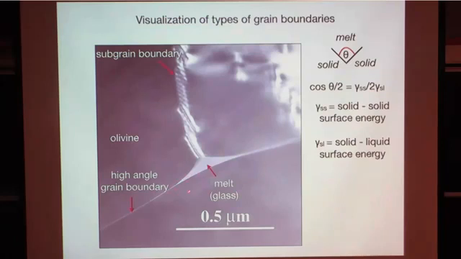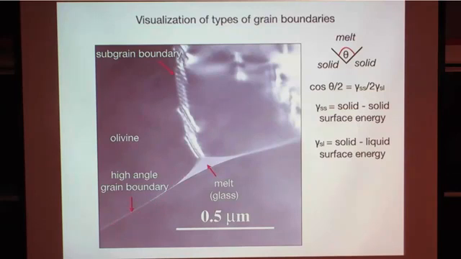You can see that this dihedral angle here is quite different from this dihedral angle, right? And that gives a sense that the subgrain boundary energy is substantially lower than the grain boundary energy. This bright line here, there is no melt here. You can see here on this side the grain boundary is a little bit inclined with respect to the electron beam. So this is just an effect of the imaging conditions here.